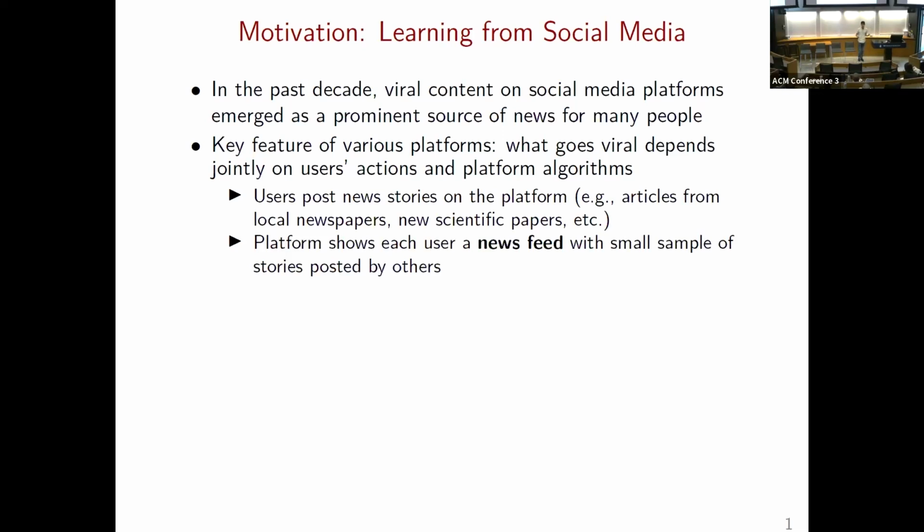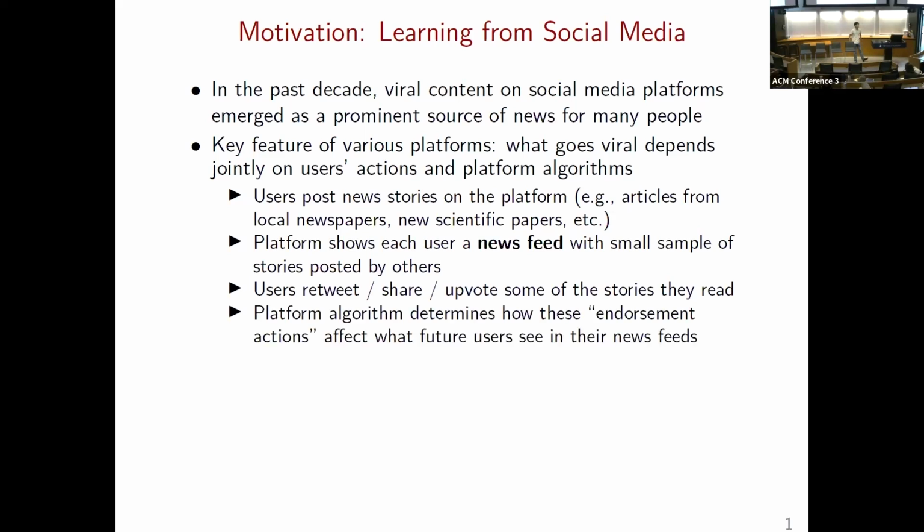They select some news feed that determines essentially a small sample of these stories that people end up reading or looking at. Users in various ways retweet or share or upvote some of these stories. We're going to condense this in the model into a single endorsement action. And then the platform algorithm determines how these endorsement actions, as well as a number of other characteristics, affect what future users see in their newsfeeds.